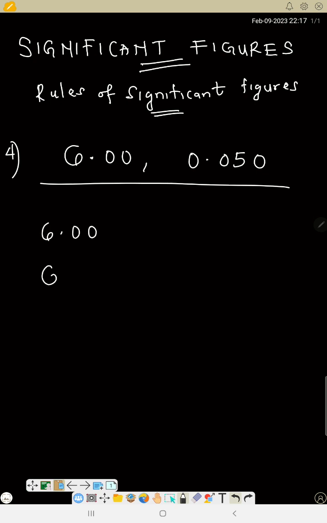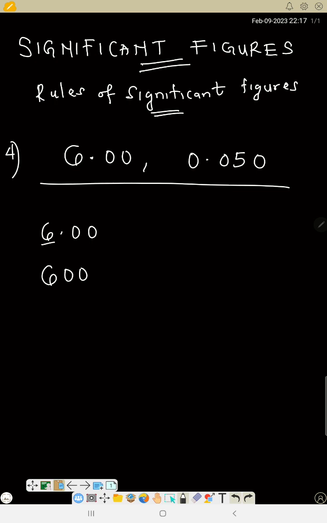6.00. Compare it with 600 without a point. Please, this part is important. You know I have a point here. Immediately you have a point, any zero that follows the point, once you have seen a number, is significant.